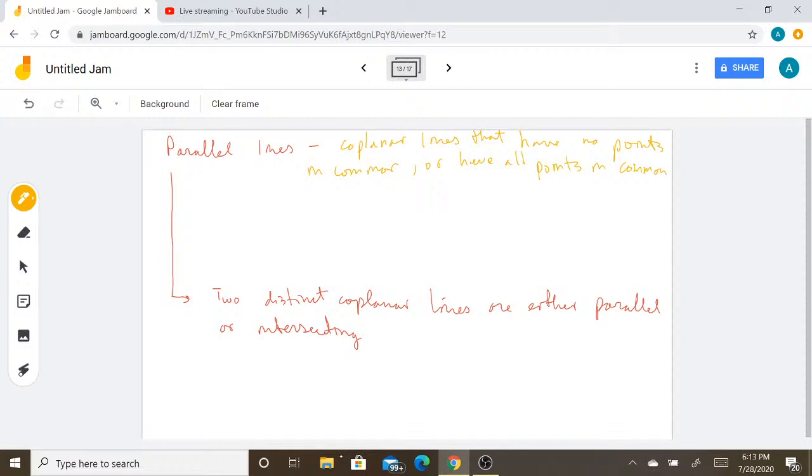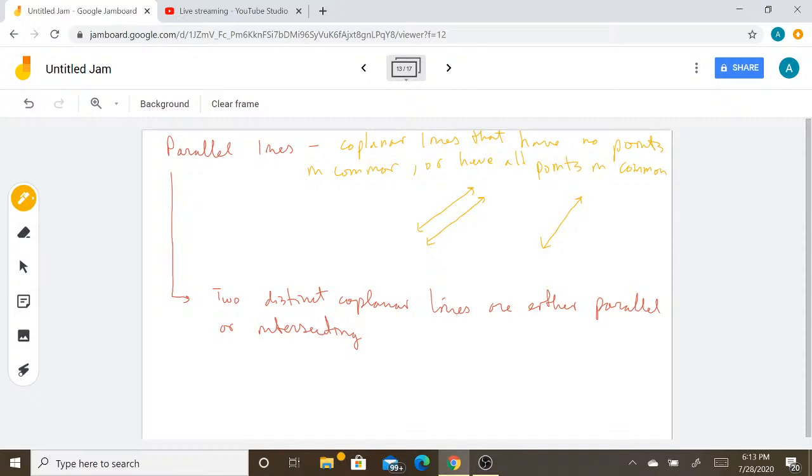So what this means is that these two lines are parallel because no matter how far they stretch, they'll never intersect each other. And if they have all points in common, they'd basically be overlapping lines.